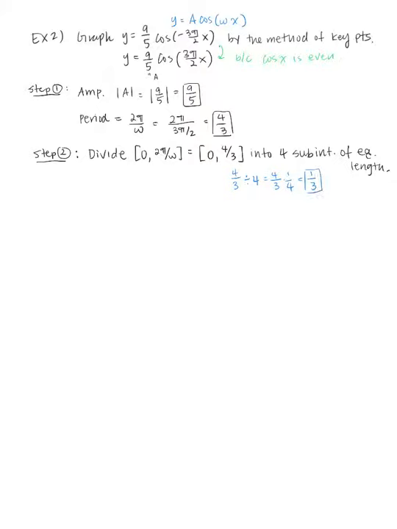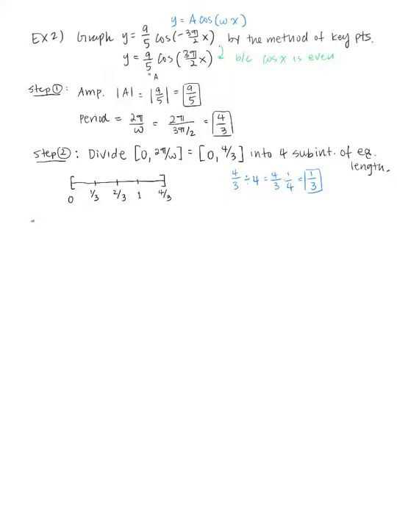Basically that means you're going to chop up this interval from 0 to 4 over 3 into 4 equal subintervals. So this is 1/3, and this is 2/3 and 3/3, which is 1, and 4/3.